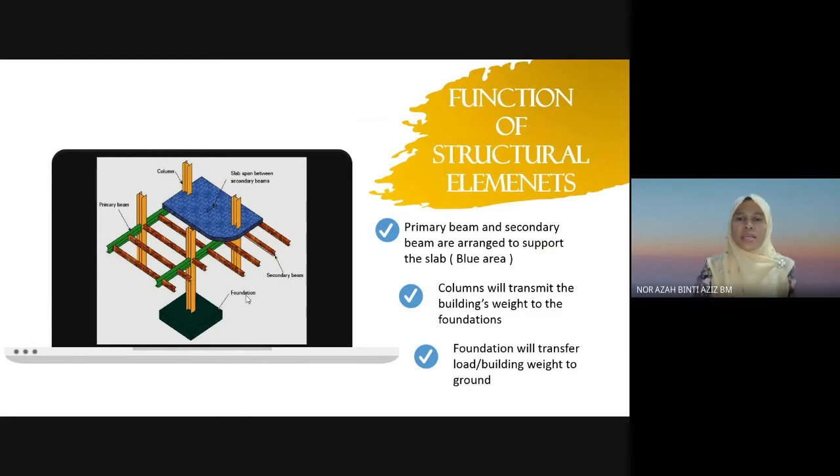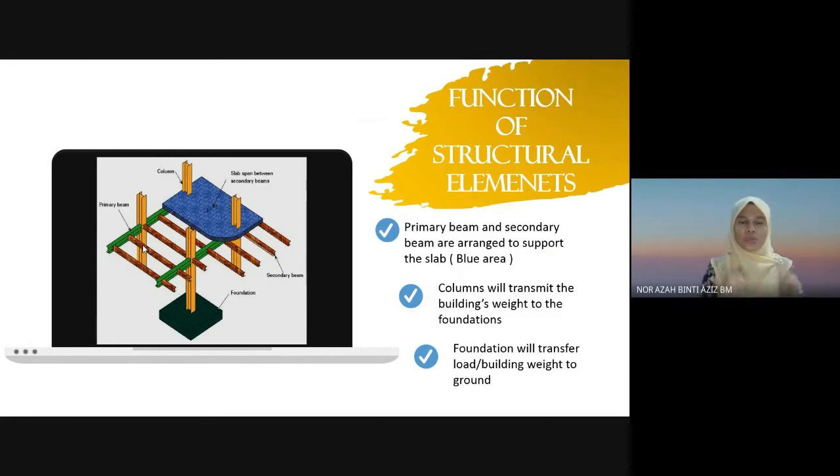Then column, you see the column, the yellow one. What is the function for column? Again, column supports beam. And column also will transfer load to the substructure, the foundation.